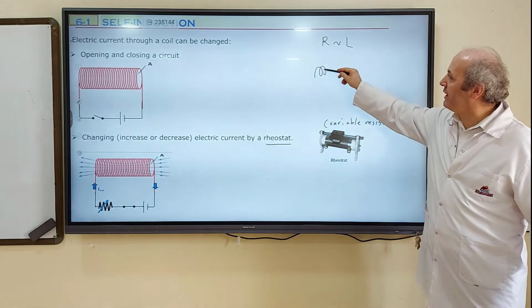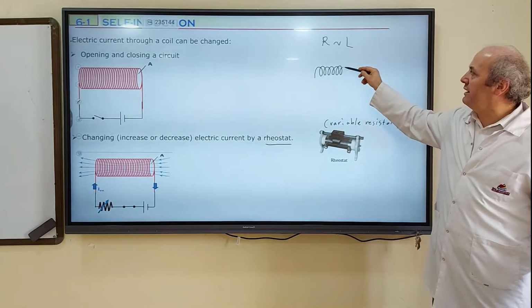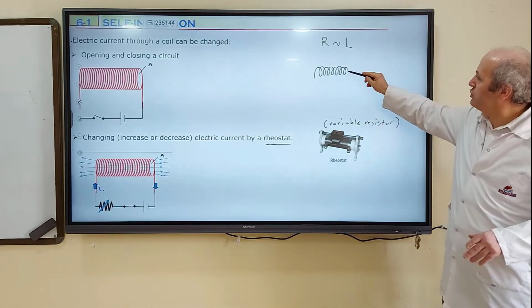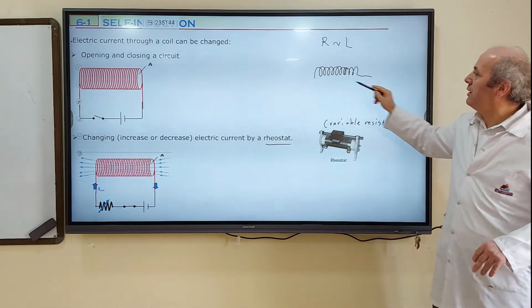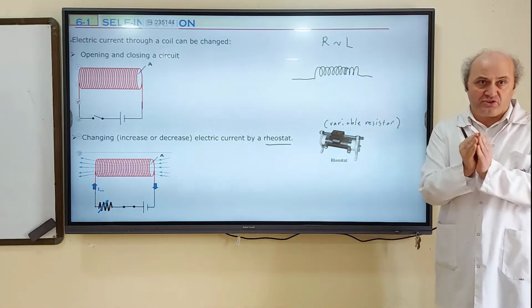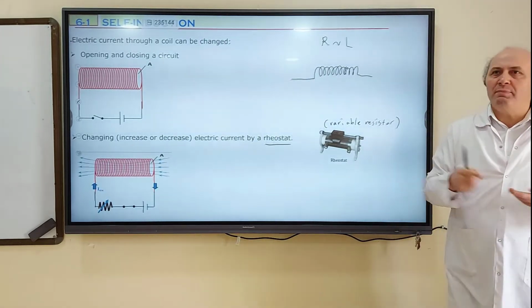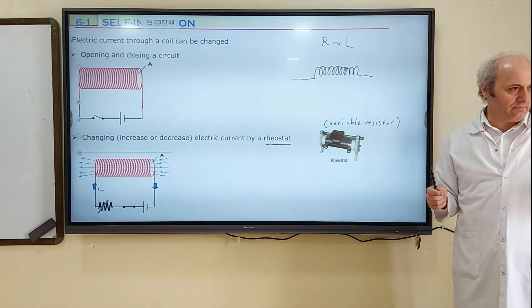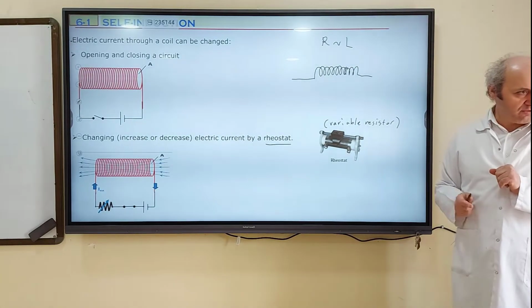Say that this is the wire, just like a coil, but coils are not so tight. These wires are so tight, so you wound it like this. It's compressed, not stretched. But coils are made of a different type of substance.